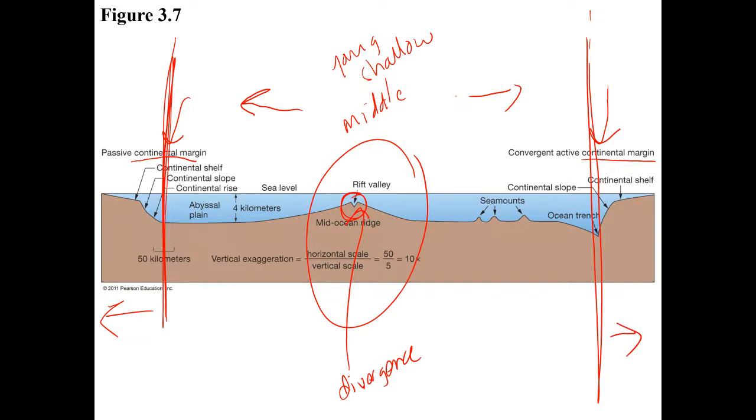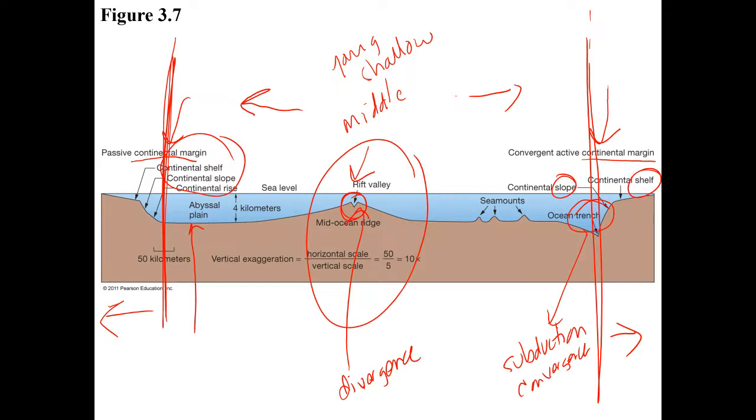Notice that the margins are not the same distance from the middle, and they don't have the same topographic features. On this side, you just have an abyssal plain, which is sort of a flat, featureless area, and again, your 4 components of the margin. On this side, you have things that are indicative of subduction. So over here is convergence. Okay. We still have our margin examples, but they're much steeper and they end at an actual trench.